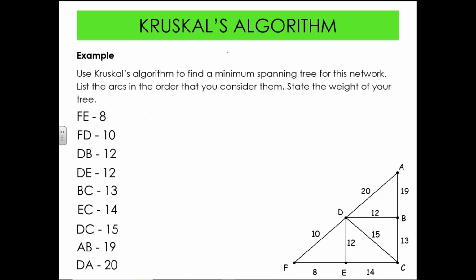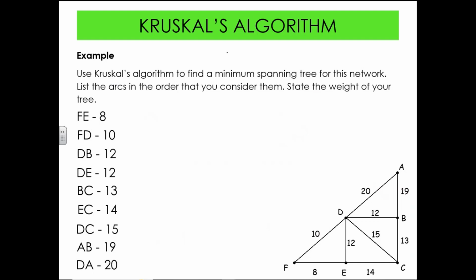So you list the arcs, and then you're going to build up your minimum spanning tree just by adding these on one at a time. Step 2 says select the arc of least weight and start the tree. Then step 3, consider the next arc of least weight. You're building it up using the smallest ones. As long as you can add it on and it doesn't form a cycle, then you add it onto your tree.